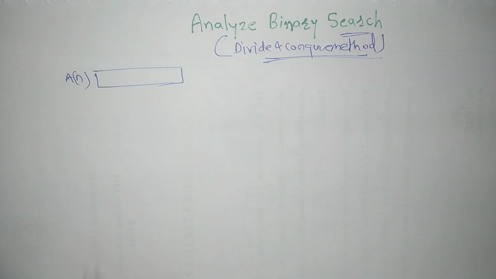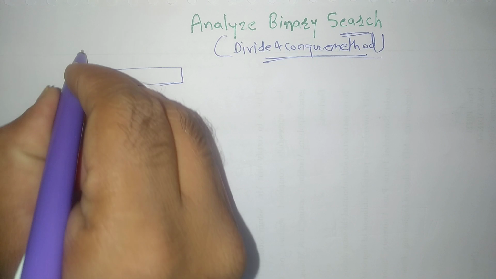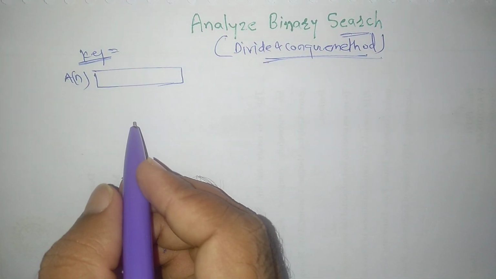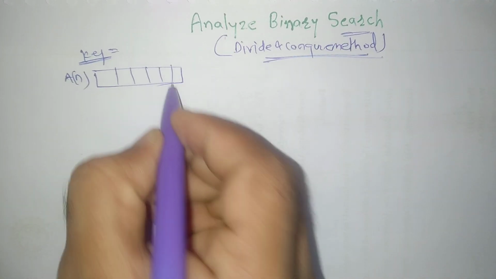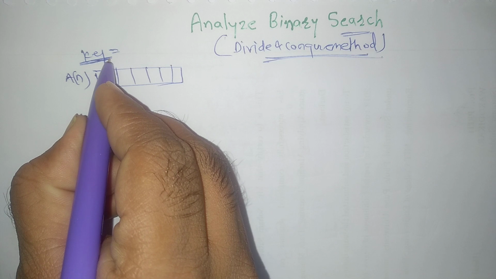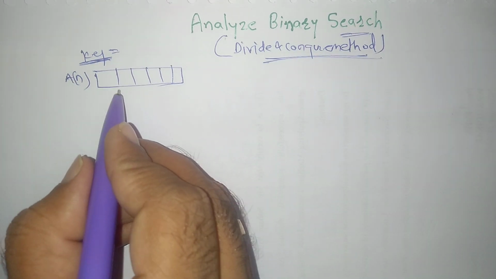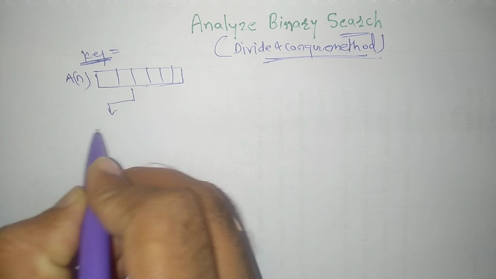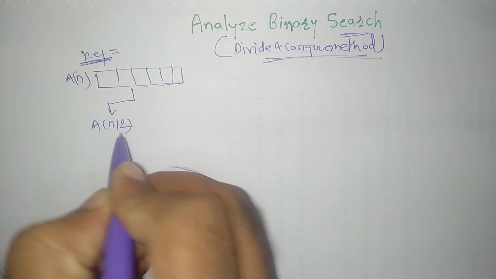As we know, in a binary search, what are we going to find out? We are going to find out a key value. I will have a number of elements and there is one key value which I have to find out. Step number 1, whatever the A of n is given to me, I have to divide into A of n by 2 parts.